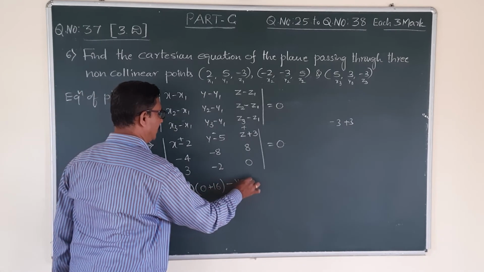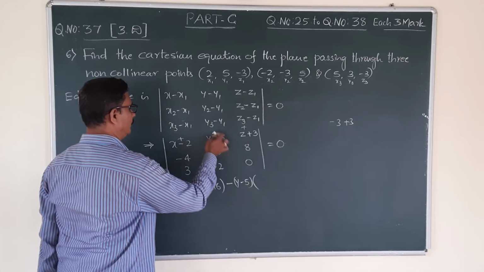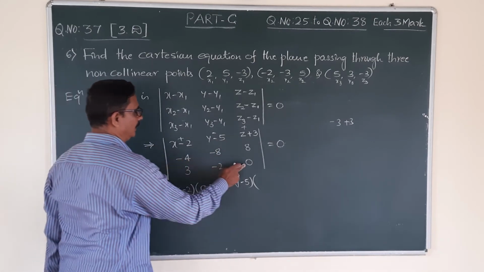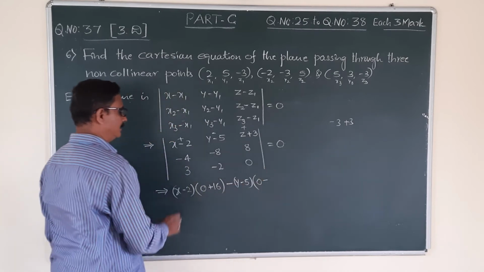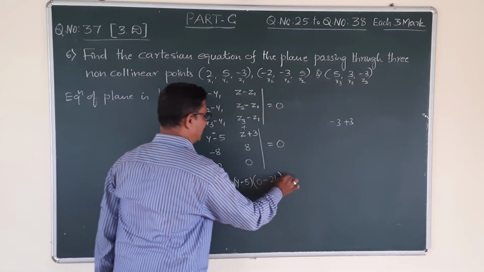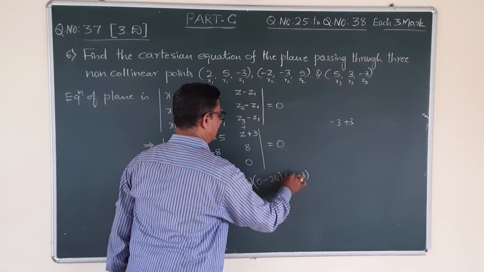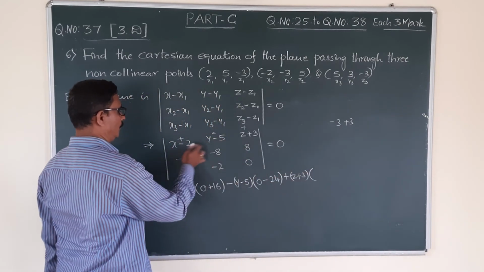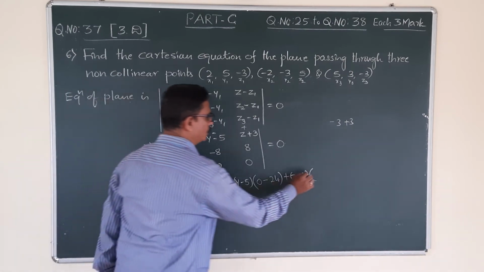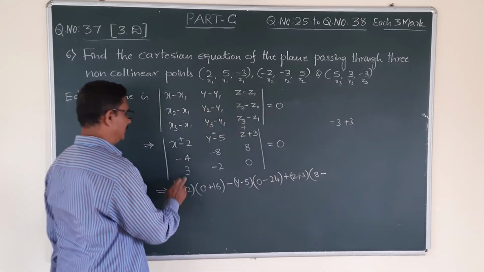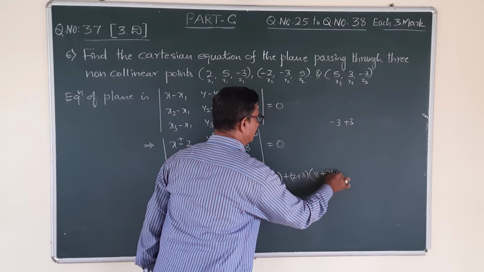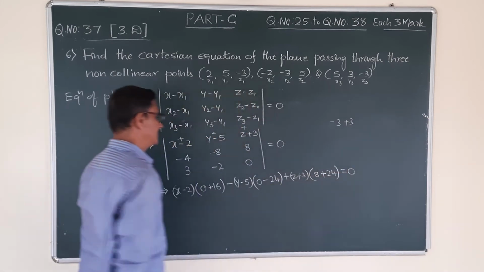Minus (y − 5), deleting the first row and second column: −4 into 0 is 0, difference 3 into 8, 24. Plus (z + 3), deleting the first row and third column: −4 into −2 is 8, difference 3 into −8, which is −24, minus into minus, plus 24, is equal to 0.